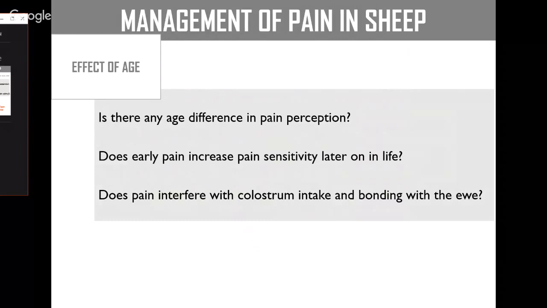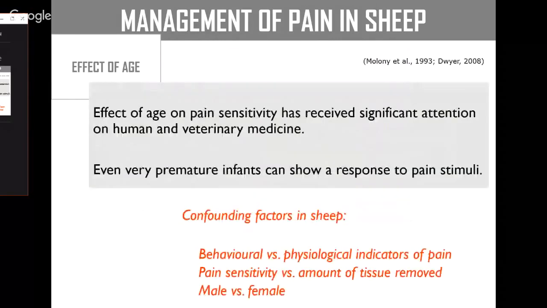The second question is whether early pain, or pain early in life, may increase pain sensitivity later on. And finally, whether pain may interfere with colostrum intake and bonding between the lamb and mother. So let's go for the first one. Is there any age difference in pain perception?